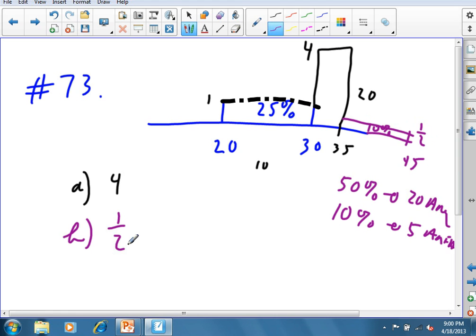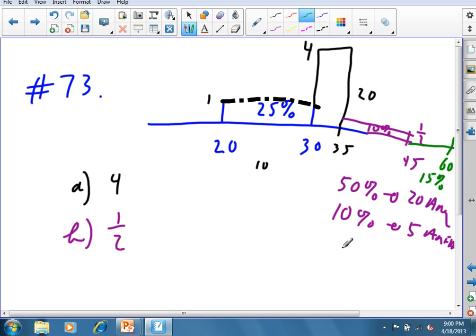How high should the column be over an area over the interval 45 to 60? All right, so now I ran out of room. 45 to 60, and I want 15%.